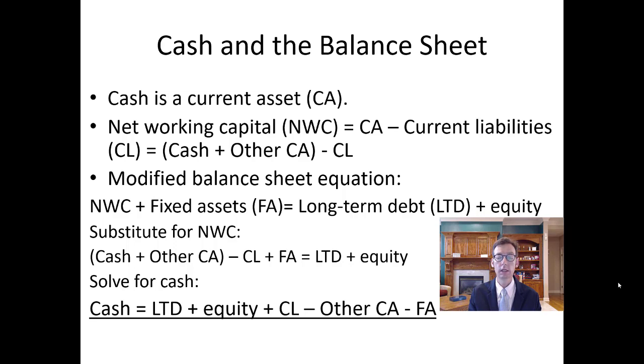Now I want to point out what other current assets are, since we haven't explained that here. The other current assets that we typically talk about are the firm's accounts receivable, which are bills owed to us by our customers that we've told them to pay in 30, 60, or 90 days. These come as a result of us extending credit to our customers.